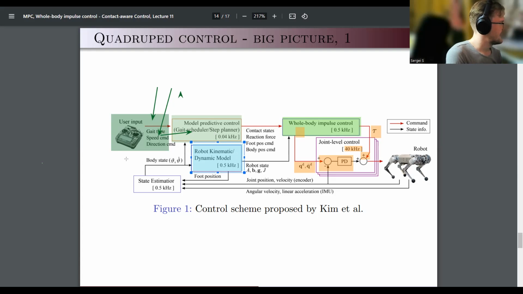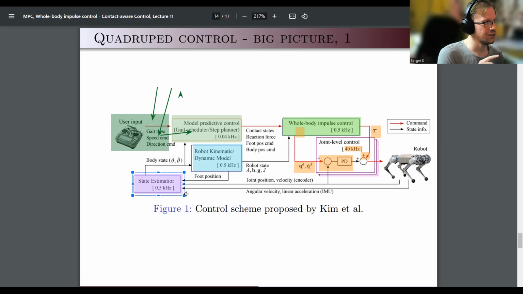Now, the big elephant in the room that we ignored is state estimator. You remember we had a lecture on state estimation, how it can be done in minimal coordinates. Well, that is nice, but that is nice if you use minimal coordinates for your control. What people do usually is they try to do Kalman filter style state estimation instead. What coordinates you use is an open question.